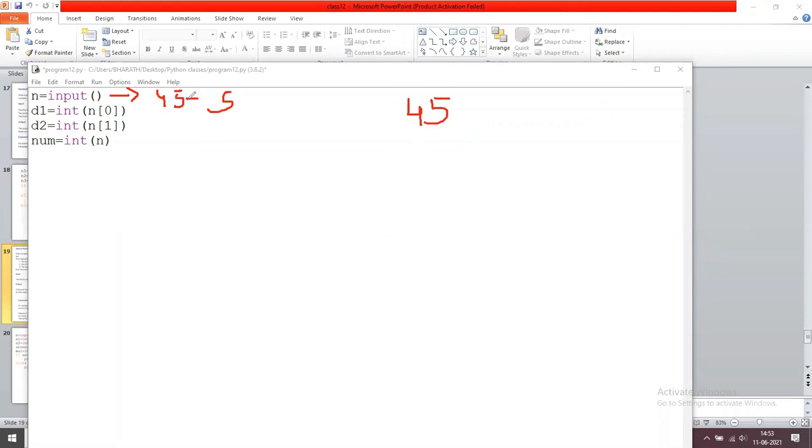We cannot perform any mathematical operations on this n. So I divide it: I store the 4 in d1 as a number, and similarly 5 is stored in d2 as an integer. I also convert n and store it in the num variable as 45. What is the difference between n and num? n is also 45, but in string format, whereas num equals 45 in integer form.